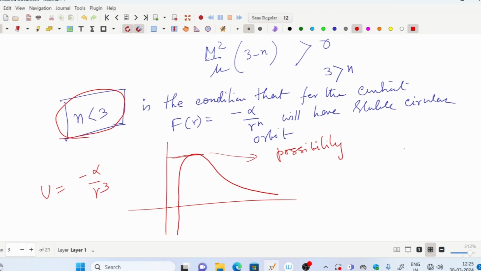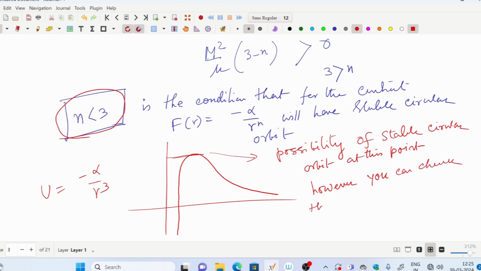However, you can check, and it is also clear from the diagram, that this is not the minima of U effective, which in this case is minus alpha by r cube plus m square by 2 mu r square.